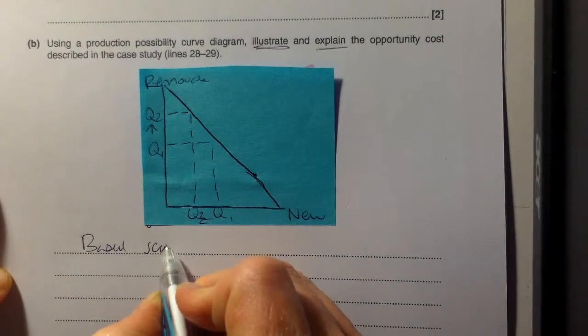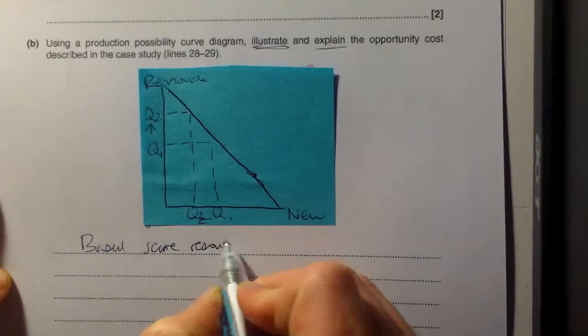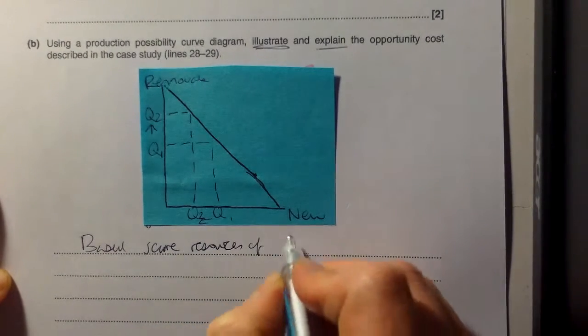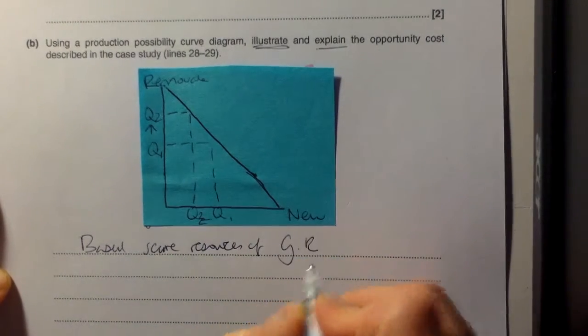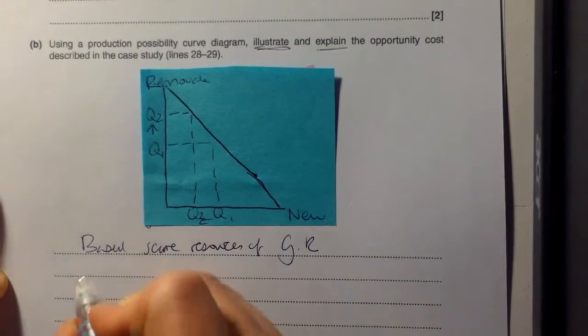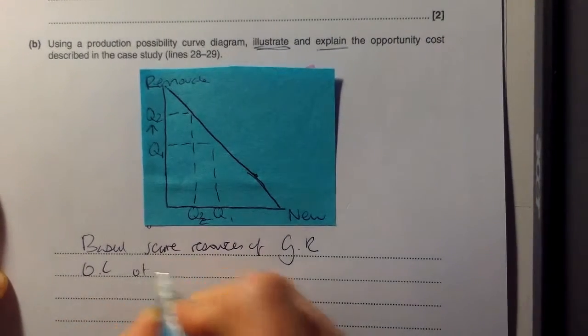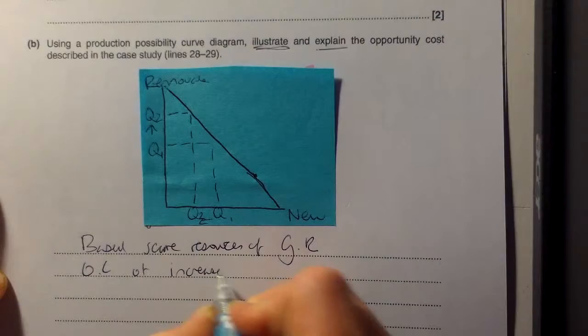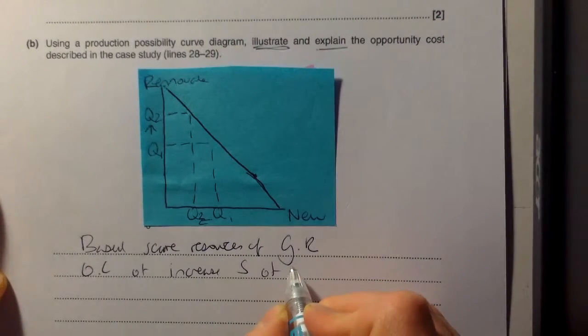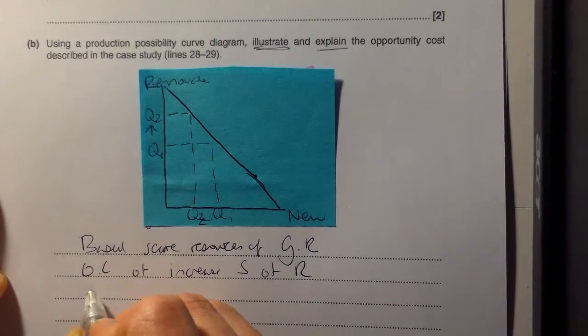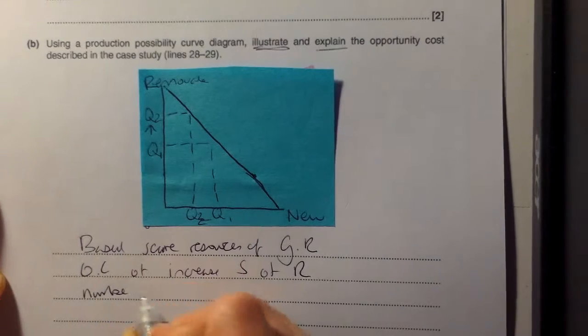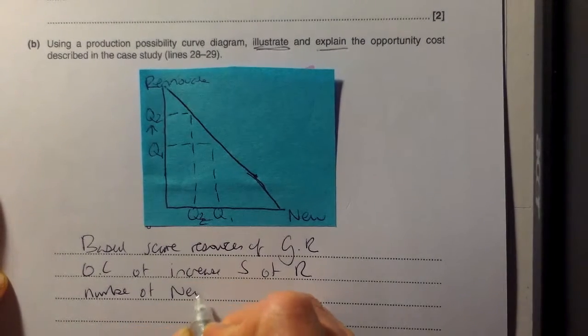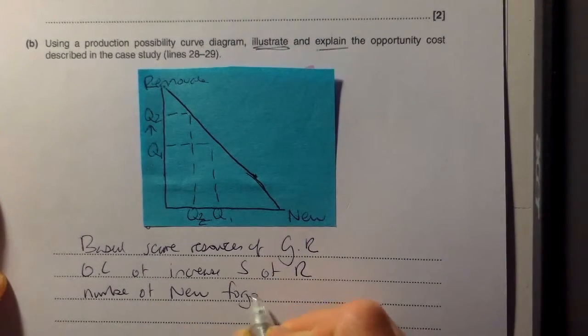So what you can say is that based on the scarce resources of government revenue, the opportunity cost of an increase in supply of renovated homes is the number of new homes foregone.